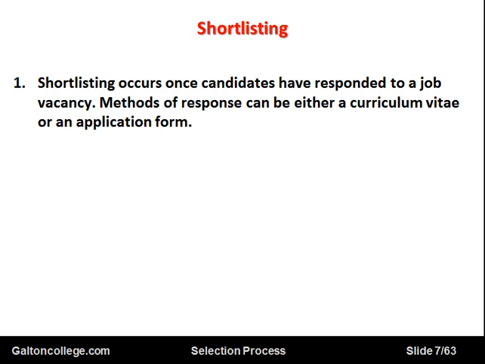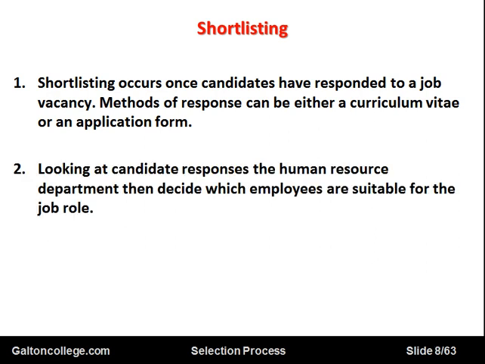So the candidates for the job either use their own CV or they use an application form which the company sends to them. If sufficient numbers apply, then it may be necessary to shortlist. If there's only one vacancy and 20 people apply, it might be necessary to shortlist the people.